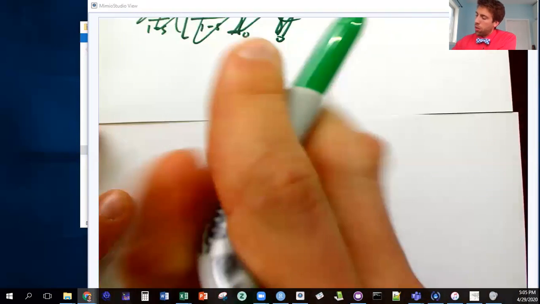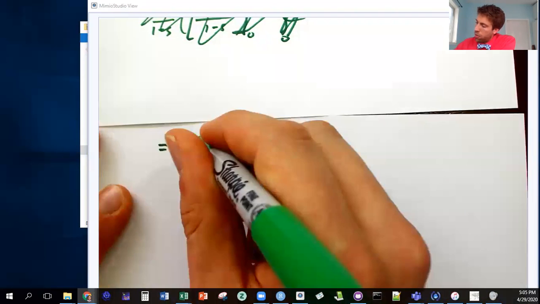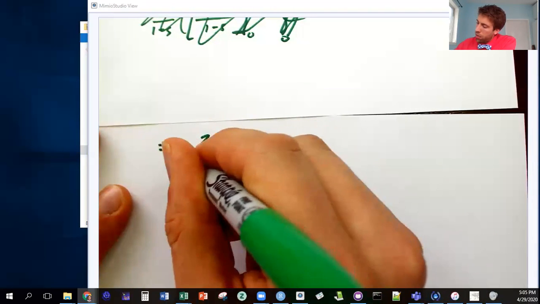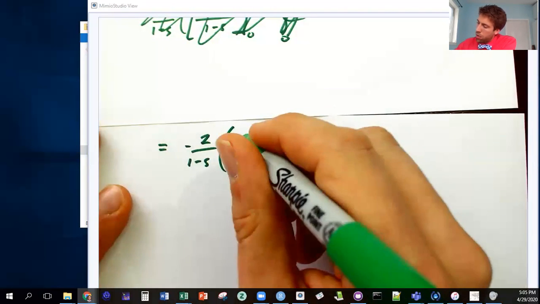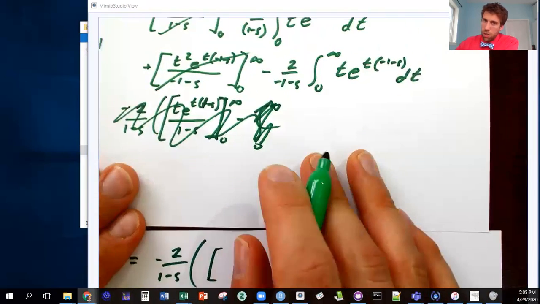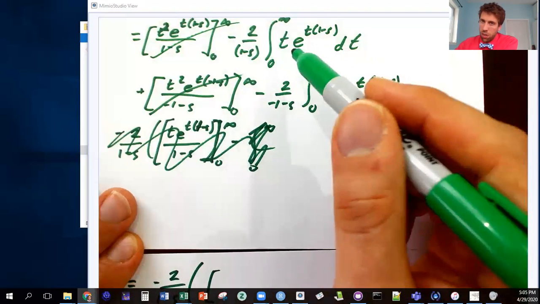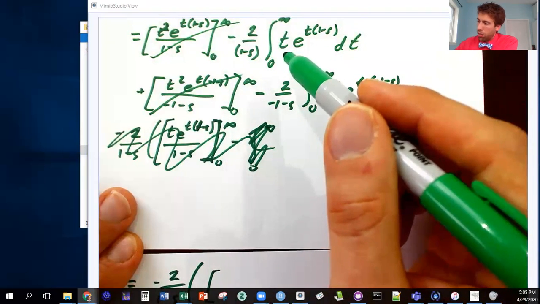Equals negative 2 over 1 minus s times, I'm doing this integral first, using that integration table.